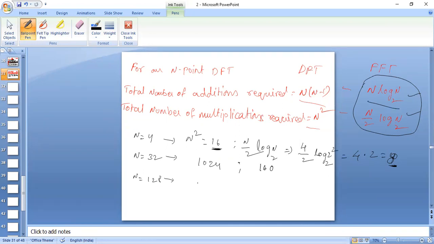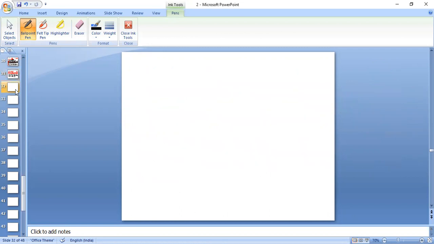And if N is 128, then N square will be 16,384 and it will be 896. So if you observe the computational complexity, that would be greatly reduced if we use an FFT algorithm instead of computing DFT directly. Okay, so here usually for an FFT algorithm we usually mention radix.